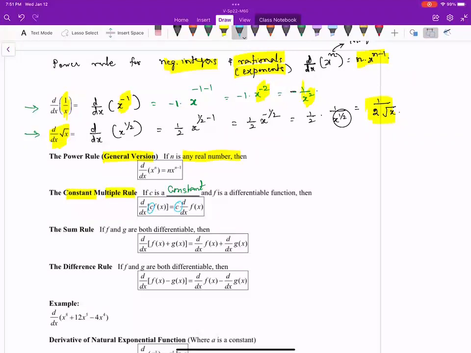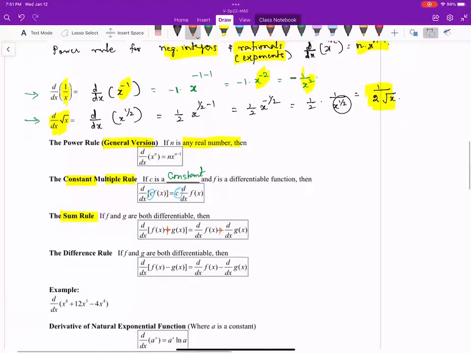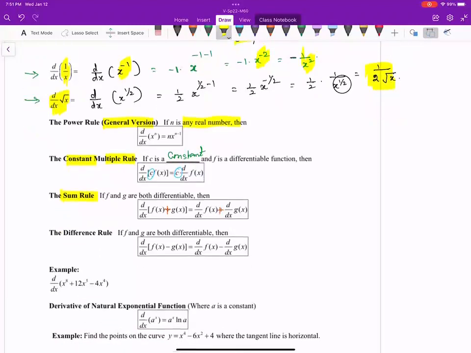The sum rule. If f and g are both differentiable, then the derivative of f of x plus g of x is the derivative of f of x plus the derivative of g of x. So the derivative of the sum is the sum of the derivatives. The difference rule.